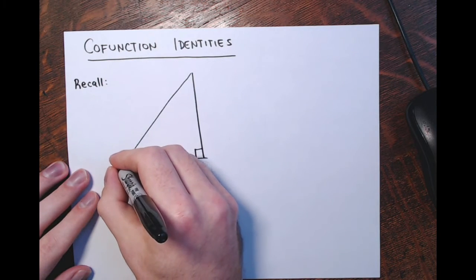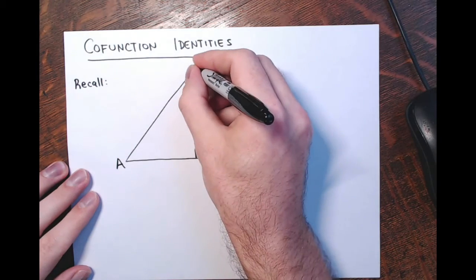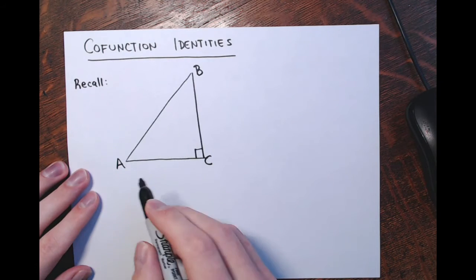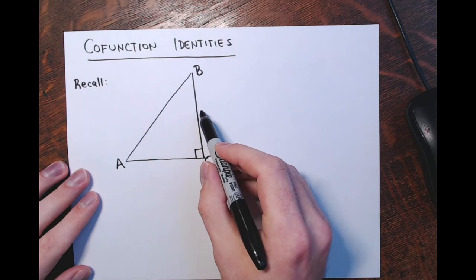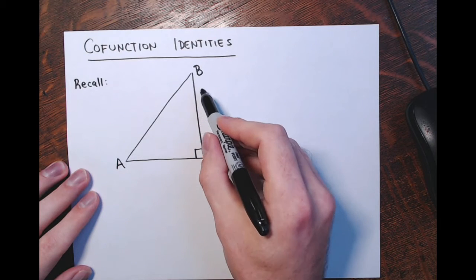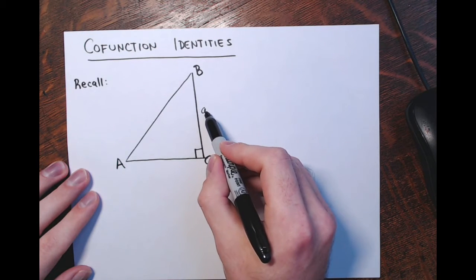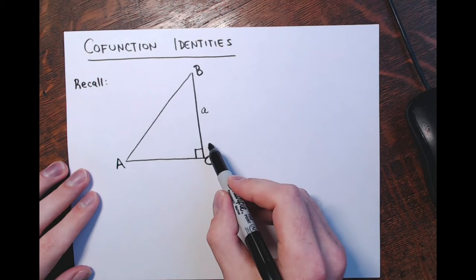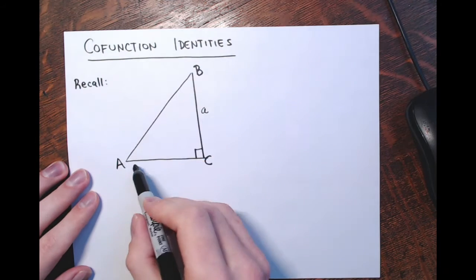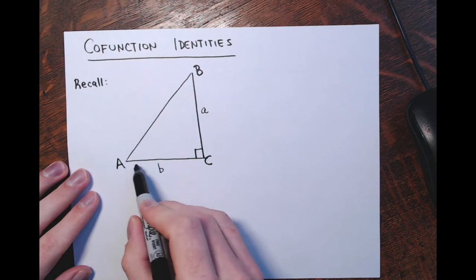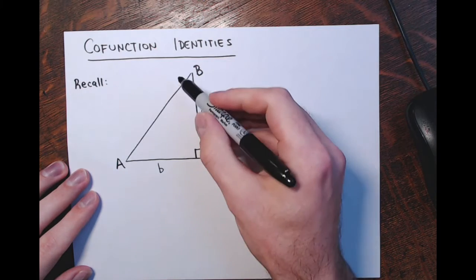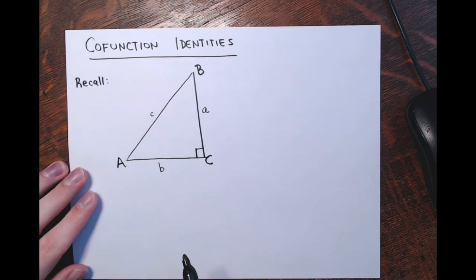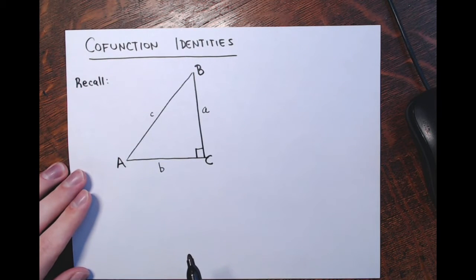And I've got this angle A here, this angle B here, and say the 90-degree angle is angle C. And then the opposite sides: the length of this side B to C is going to be little a, right? So the length of the side opposite the capital letter will be a little letter. So the length of the side opposite angle B I'll call little b, that's the length of A to C there. And then the hypotenuse has length little c. So I'm going to try to make my big C's and little c's discernible.